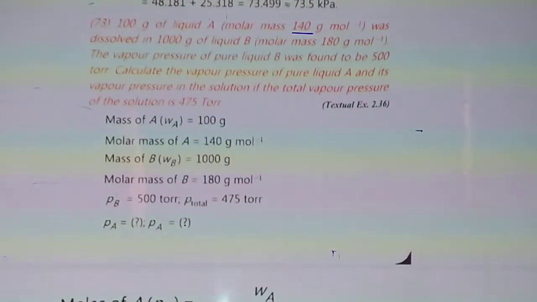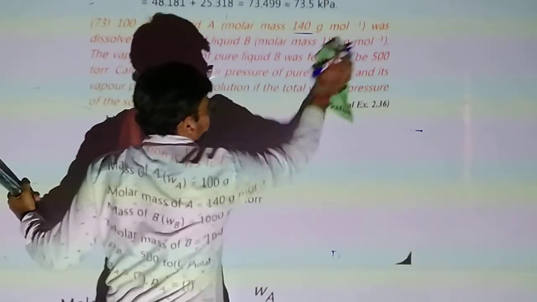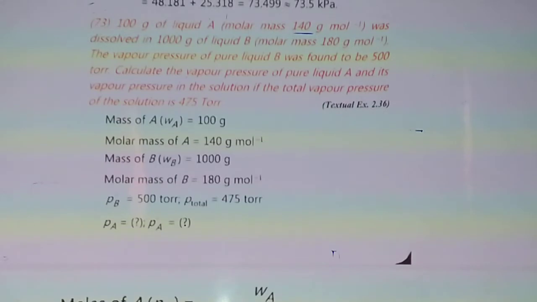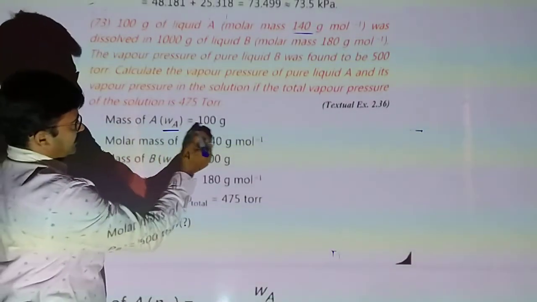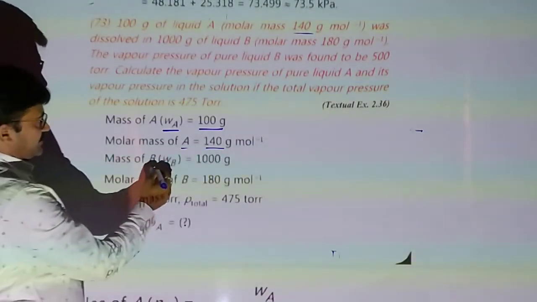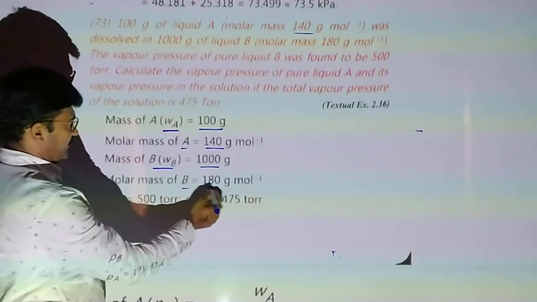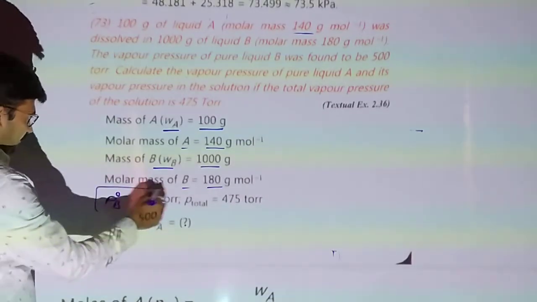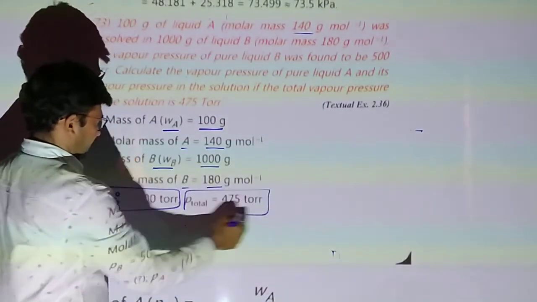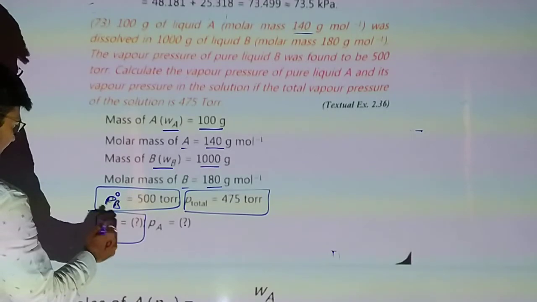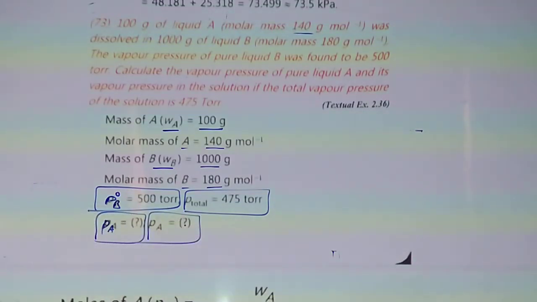Calculate the vapor pressure of pure liquid A and its vapor pressure in the solution, and the total vapor pressure of the solution, 475. Mass of component A is 100 gram, molar mass of A is 140. Mass of component B is 1000, molar mass of B is 180. Now the partial pressure of pure component B is 500. Total is 475. So what is A? The partial pressure of A in the mixture and the pure partial pressure of A.